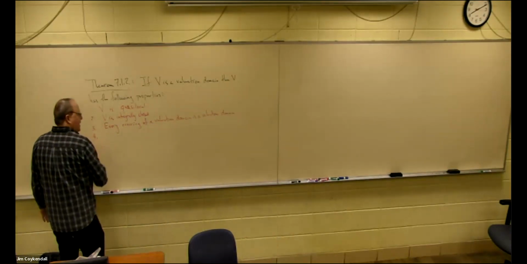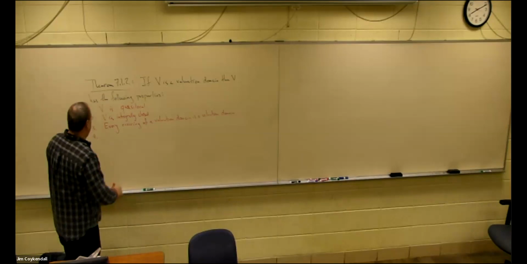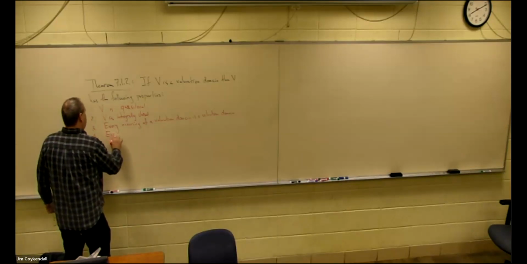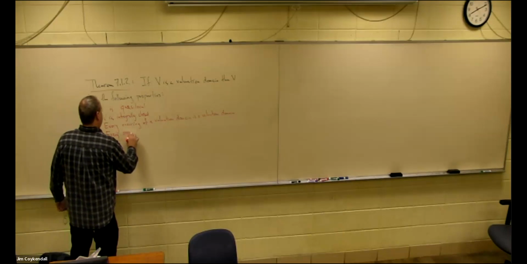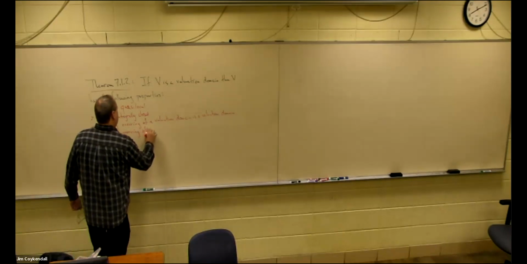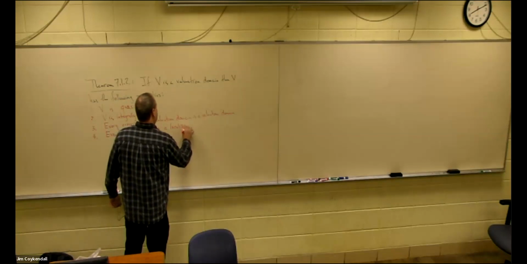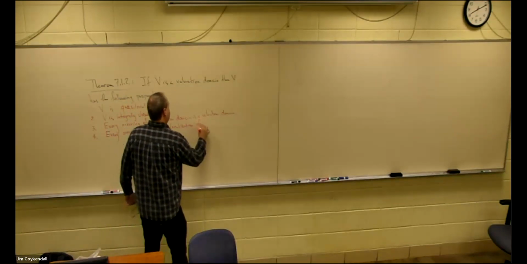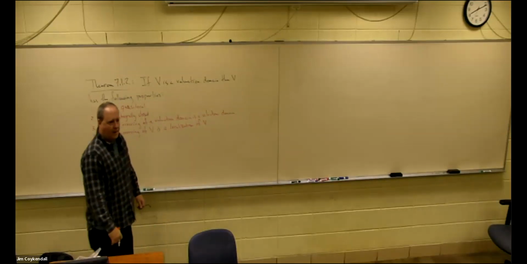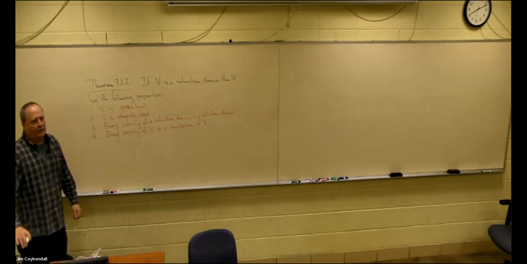Number four. Here's another one that's not true for most kinds of domains. Every overring of V is a localization. This is almost never true for other kinds of domains.